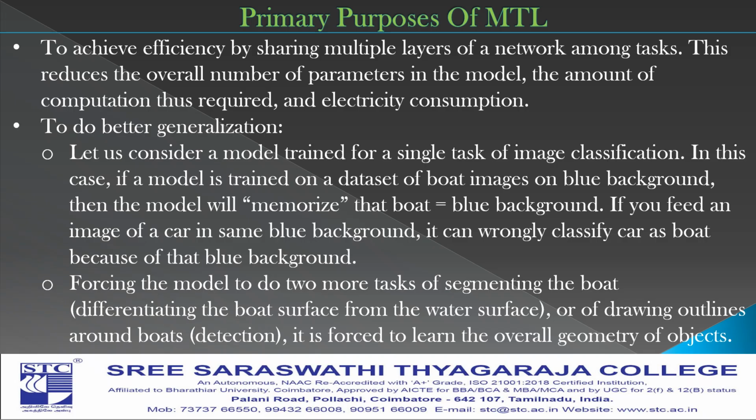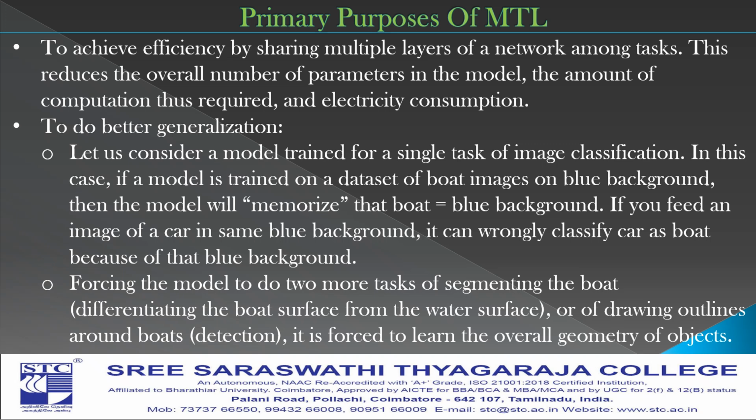One is, like we have seen earlier, segmenting water in a different color, showing mud in a different color, showing boat in a different color. This is one task. Another task could be just draw a boundary around the boat. So this is another task, which is object detection.